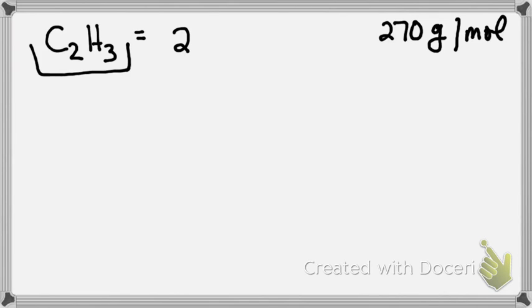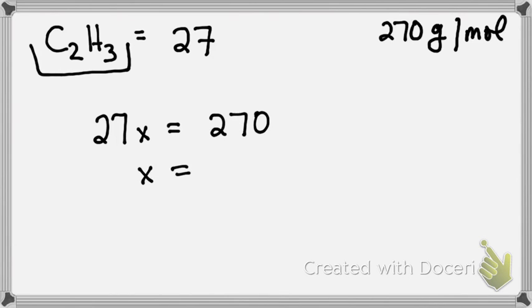By the way, this is 27. 2 times 12 is 24, and 3 times 1 is 3. I'm rounding these to whole numbers. I think you'd have to agree that 12.011 rounded to 12 is reasonable, and 1.0079 rounded to 1 is reasonable. 27x is equal to 270. Solving for x, of course I'm dividing both sides by 27, I find that x is 10.